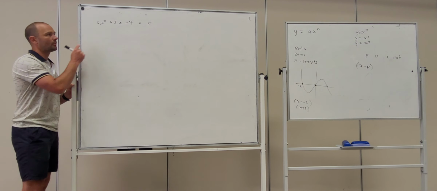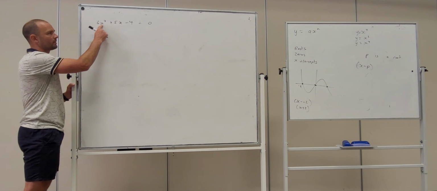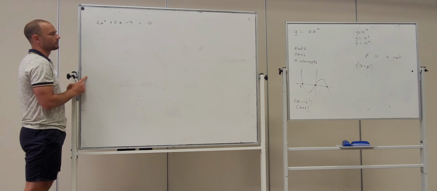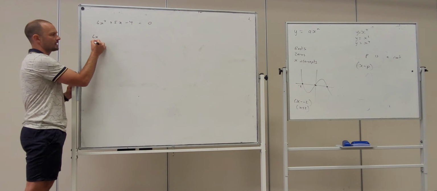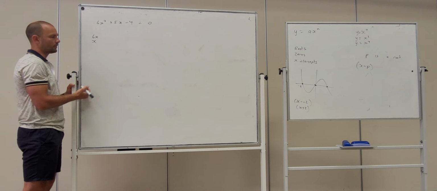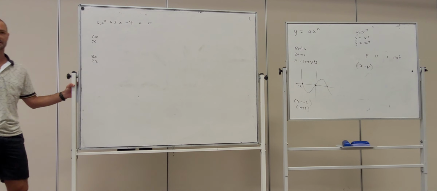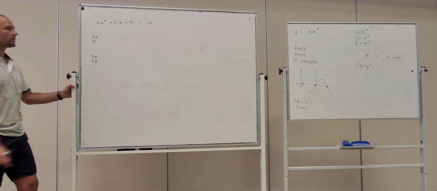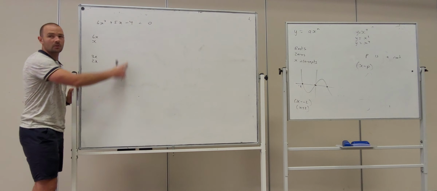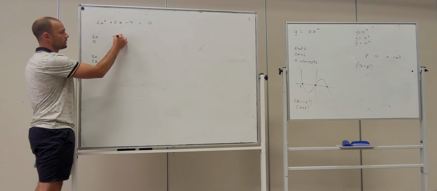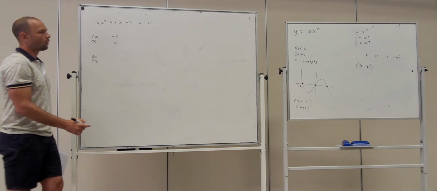And in order to do that, we need to go, what are the possible combinations of 6x squared? So we could have 6x times x, and we could have 3x times 2x. They're the possible ways we could get 6x squared, right? What are the possible combinations of minus 4? Well, we could have minus 2 and positive 2, or we could have 4 and 1.